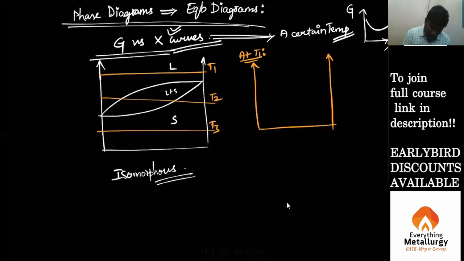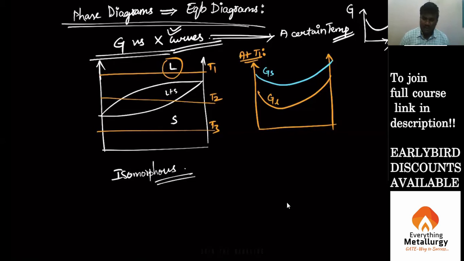So what is stable at my temperature T1? That is my liquid L. So the liquid curve should be at the bottom and my solid should be on the top. This is what it will be at T1. So you draw GS and this is GL. This is how the G versus X curves will be.